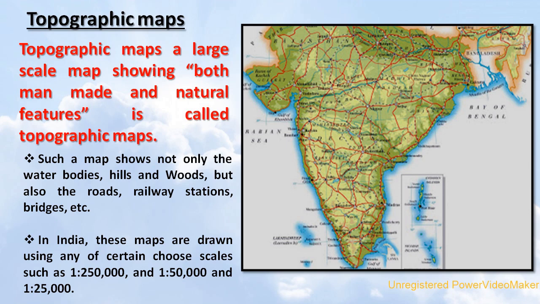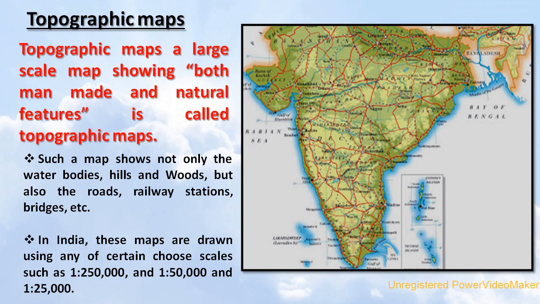We already studied large scale maps, which show more details about a particular place, a smaller area shown on a comparatively larger size of paper. So if that kind of map shows both man-made and natural features, then we can call that map a topographic map.